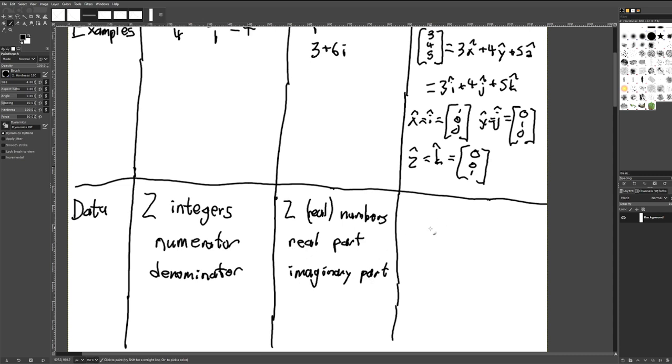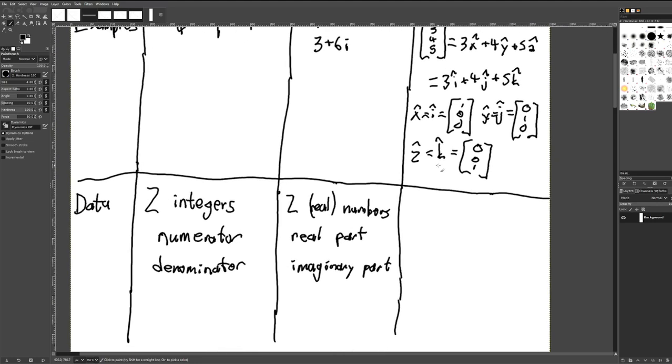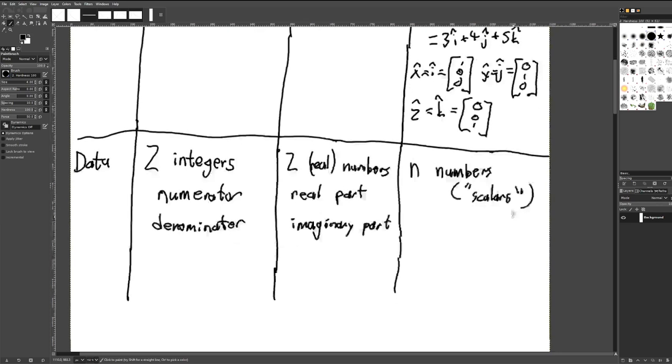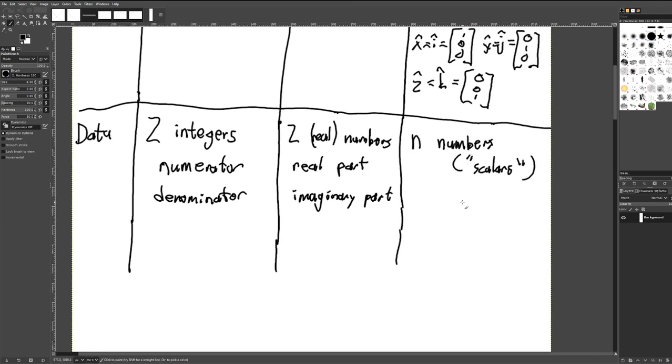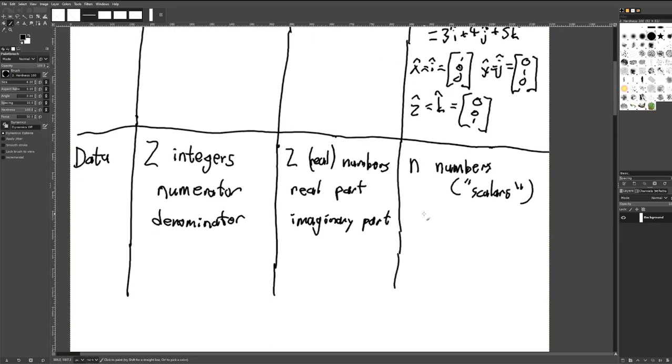And then for vectors, for an n-dimensional vector, I'm using 3 dimensions as my example, but you generally have n numbers, which are called scalars in the lingo of vector spaces. So for a 3D vector, as an example, you have 3 numbers.